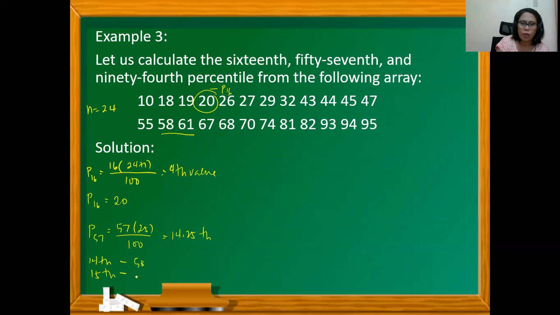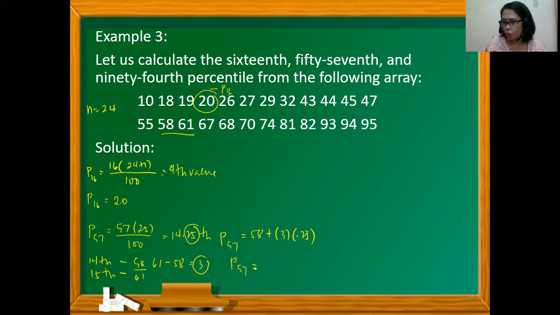So this is 58 and 61. We will get the difference between 61 and 58, and this is 3. And this 3 will be multiplied to the decimal part, and the result will be added to the lower boundary. So P sub 57 is equal to 58 plus the product of 3 and 0.25. So P sub 57 is equal to 58.75.